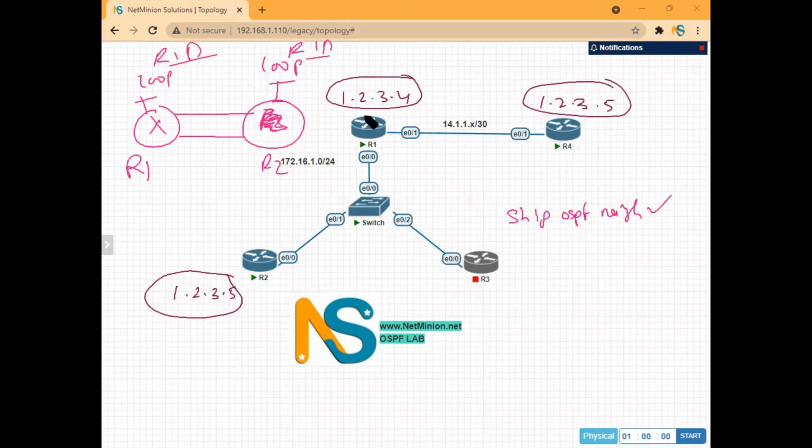No, then it will not come up. No, the RID is the same, right? For both of these links the RID is the same because the RID would be only one, that is the loopback IP. And if it is coming up over here, why will it not come up over here?